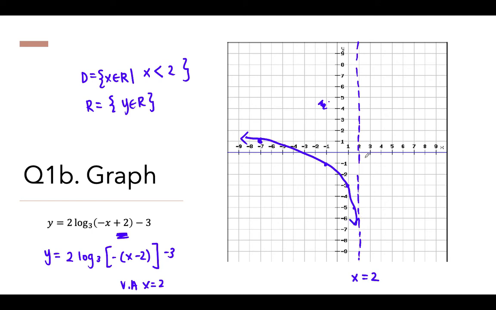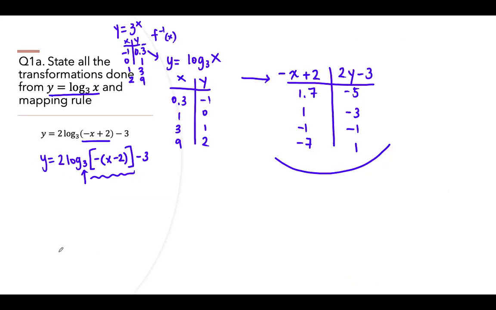Okay, good. Now going back, let's write all the transformations. In this case, we have a vertical stretch by a factor of 2. And then we have a reflection. So let's look inside the bracket.